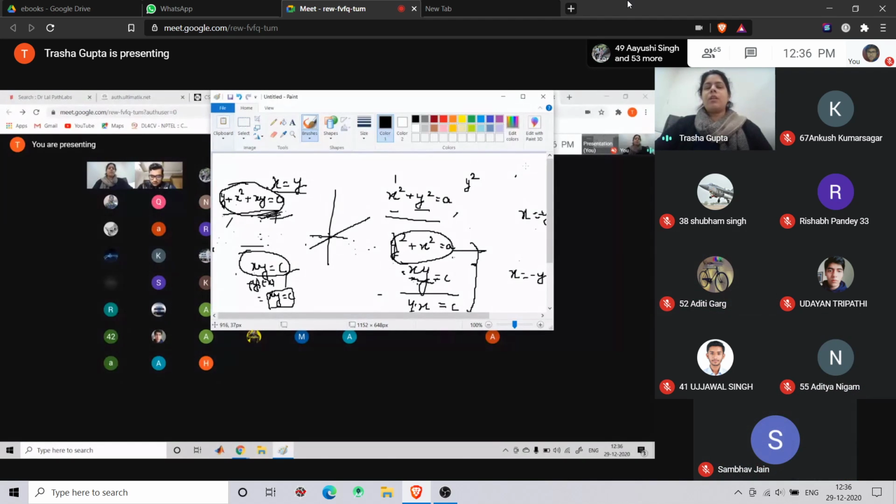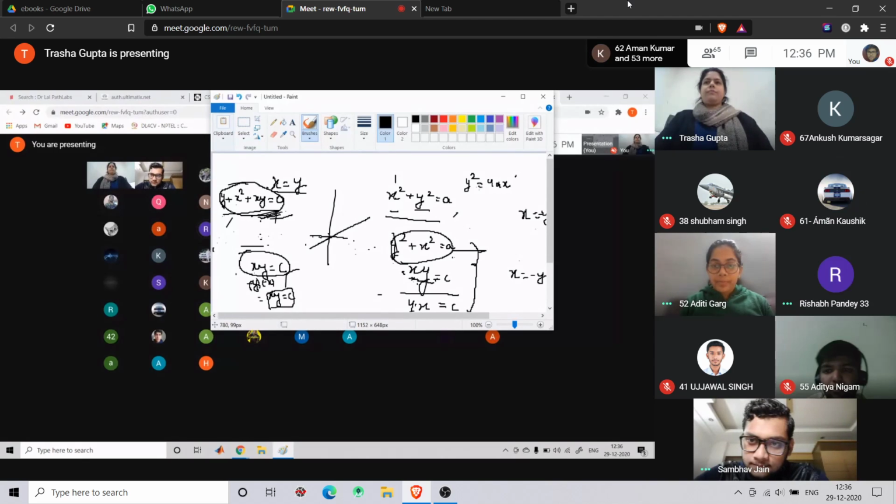Equate to zero the lowest degree terms in the equation of the curve. अगर आपकी कर्व की इक्वेशन ये है y is equal to 4ax, so what is the lowest degree here? 1. That किसकी है? किसकी है वो x. Lowest degree? x. तो हमारी टेंजेंट की इक्वेशन क्या हो जाएगी?